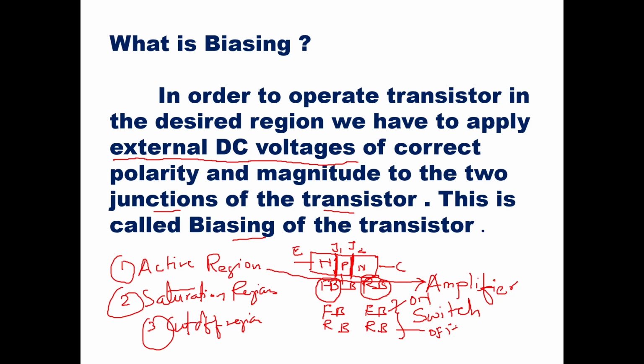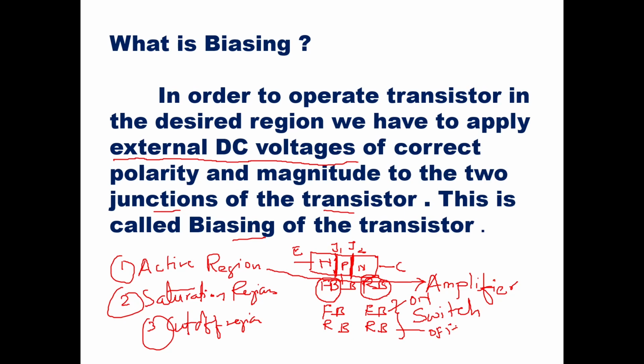To make this forward bias and reverse bias, you have to apply an external DC voltage through a battery. Depending on the polarity you connect to the semiconducting material and the magnitude of the voltage, the junctions will be properly biased.